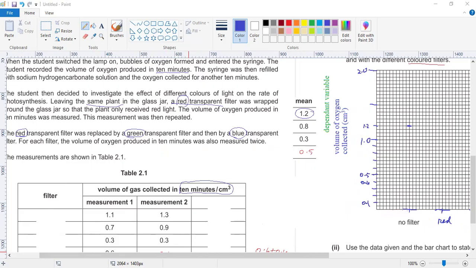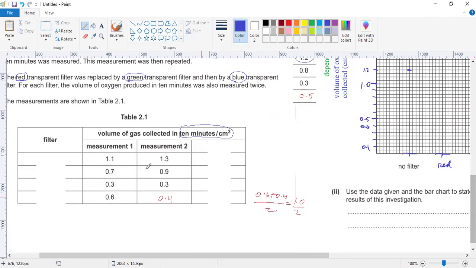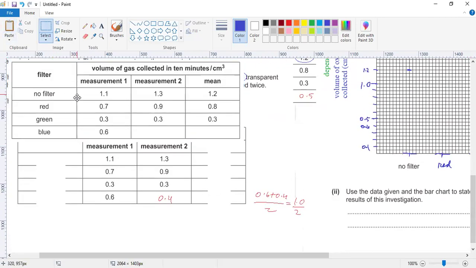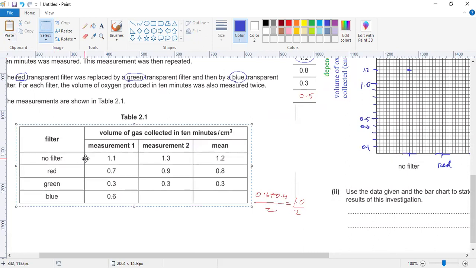Again, I have disturbed the table, so do it again. During the examination, you will do it on paper, so there would be no problem.